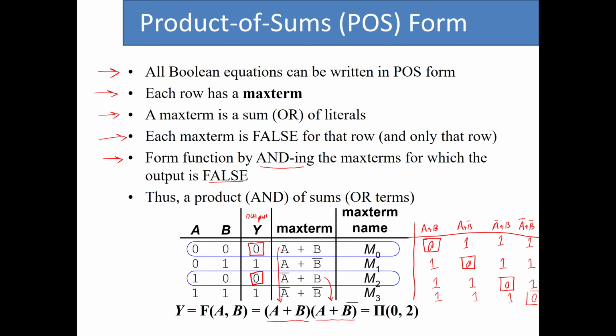In product of sum form, you are looking for rows for which the output is 0. In sum of product form, you summed or ORed all the min terms for which the output is 1. In product of sum form, you AND or you multiply all the max terms for which the output is false. So as you can see, everything is opposite.